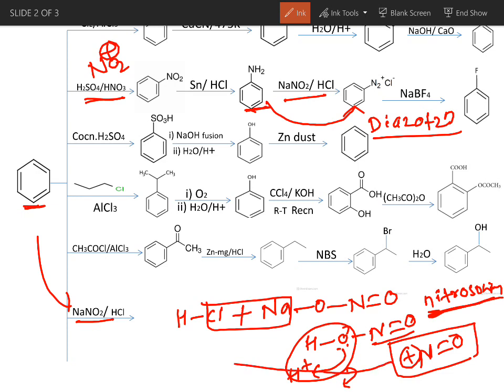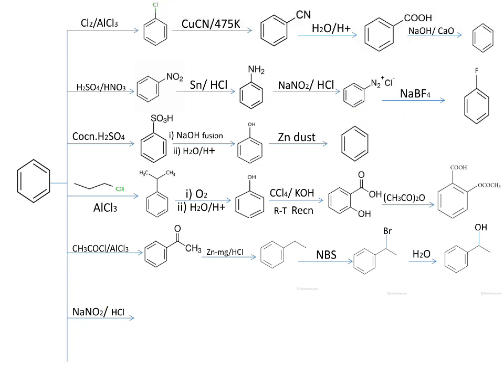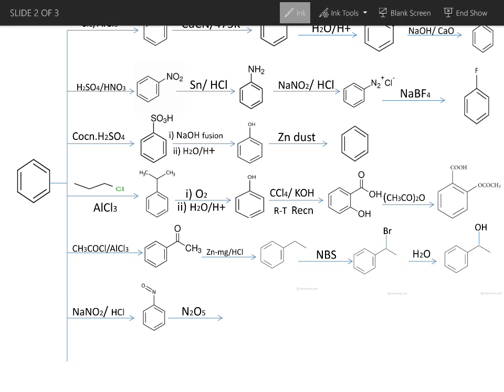Now this electrophile attacks on the benzene ring and gives a compound nitrosobenzene. Now this nitrosobenzene is further reacted with N2O5 and heated.